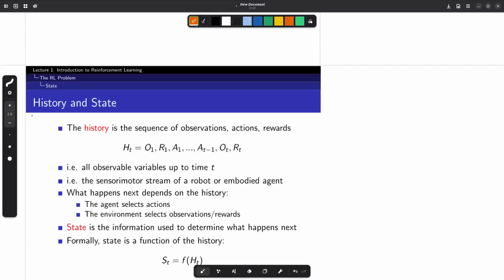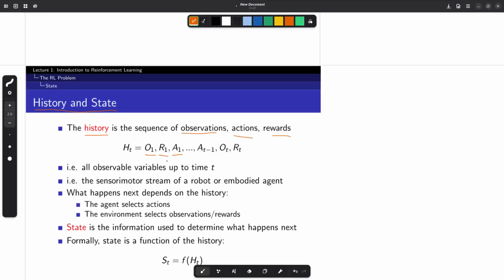So in this session, we are going to talk about state and history. So these are the main topics of this session. History is a sequence of observations, actions, and rewards. So whenever we talk about history, we mean all of the observations that we have received as an agent, all of the rewards that we have received, and all of the actions that we have decided to do in the environment.